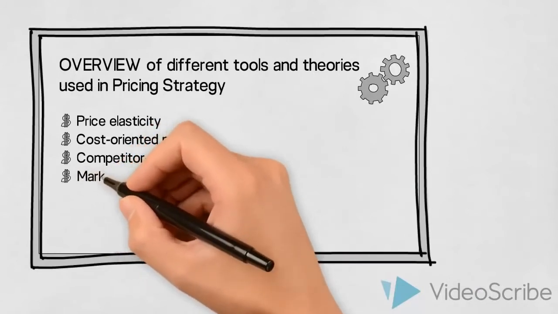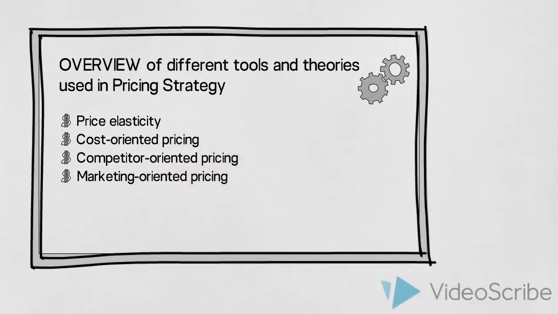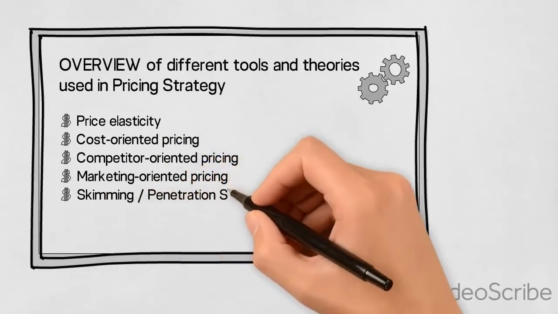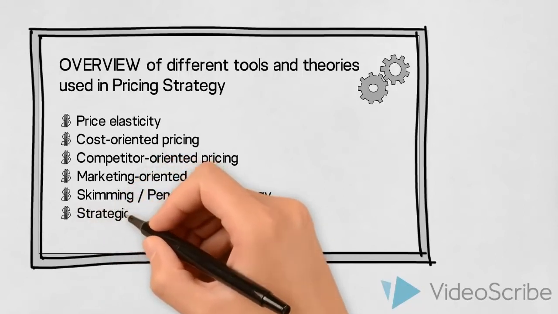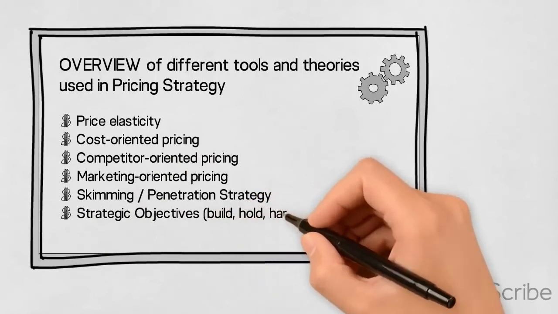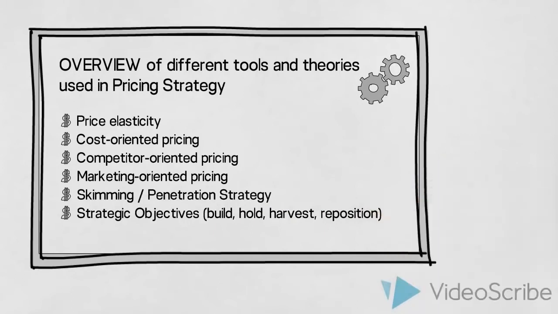Another option is the marketing-oriented pricing, which involves looking in depth at how our customers value our product or service. Skimming or penetration strategies is a look at the strategy behind the combination of two things, namely a high or low price level and the promotional activity level. We can also consider our strategic objectives, whether we want to build, hold, harvest, or perhaps reposition a product has an impact on the price level we will choose.